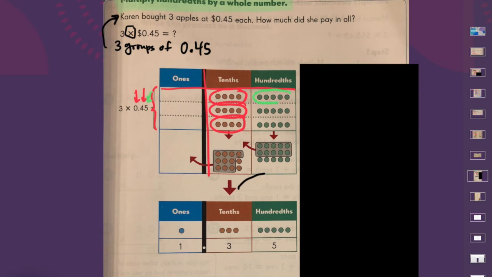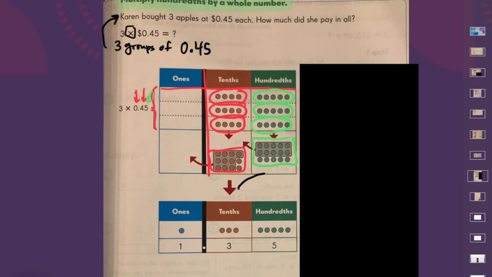So we have 1 group of 5 hundredths, 2 groups of 5 hundredths, 3 groups of 5 hundredths. So 3 groups of 5 hundredths gives us 15 hundredths. And there's our 15 hundredths. And 3 groups of 4 tenths gives us 12 tenths.